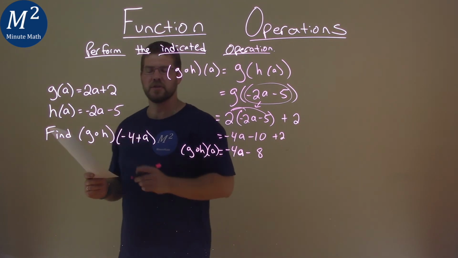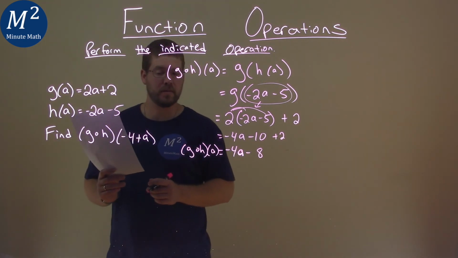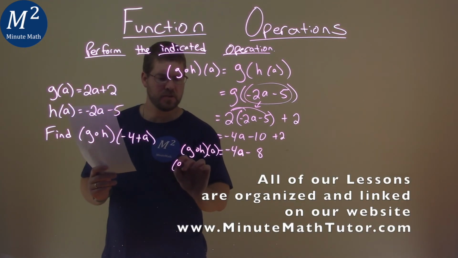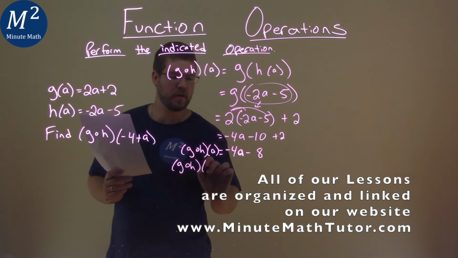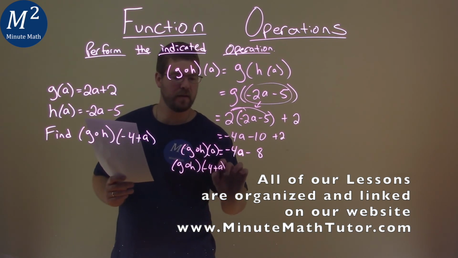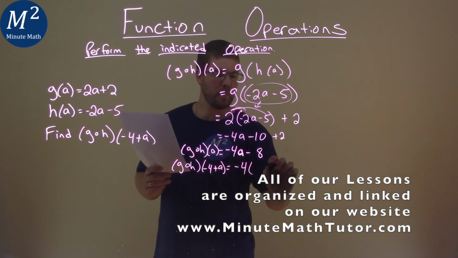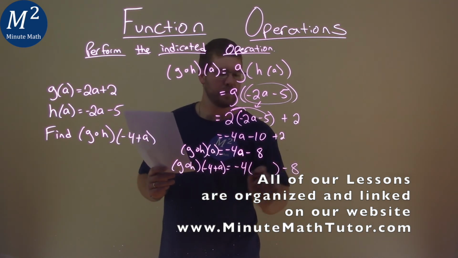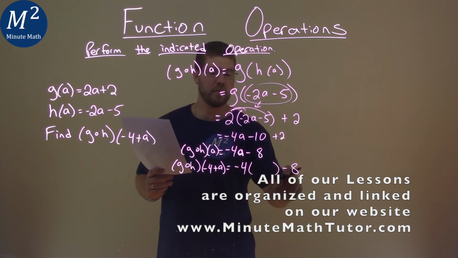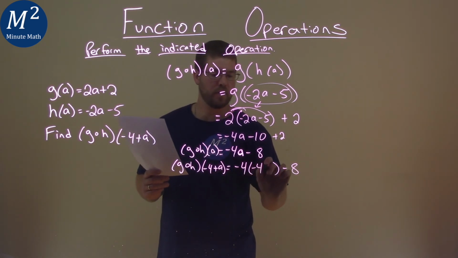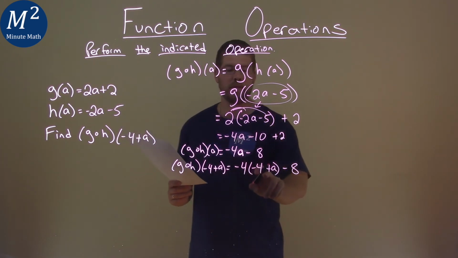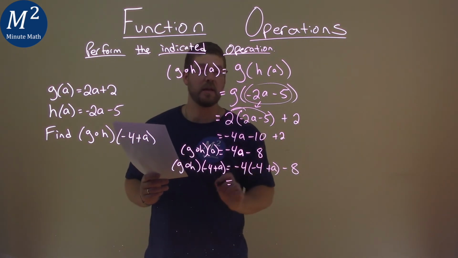But we want to find g of h of negative 4 plus a. So that g of h of negative 4 plus a is the same process of, instead of our a value, I'm putting parentheses here. So we have negative 4 parentheses minus 8, and I'll put negative 4 plus a in for where that a value was. Now let's simplify.